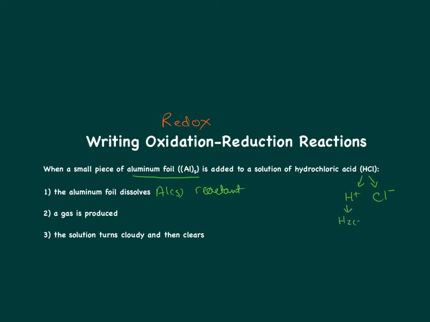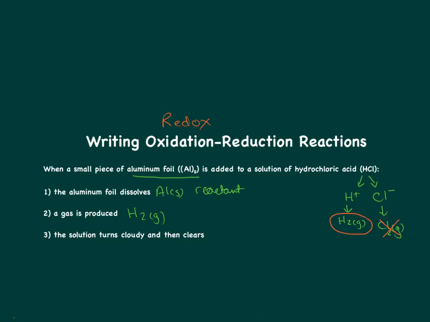You could have hydrogen gas, or you could have chlorine gas. Since it's fairly unlikely that in a laboratory environment you'd be producing chlorine gas, since that's fairly dangerous, H2 gas is your most likely product. So our product is hydrogen gas.